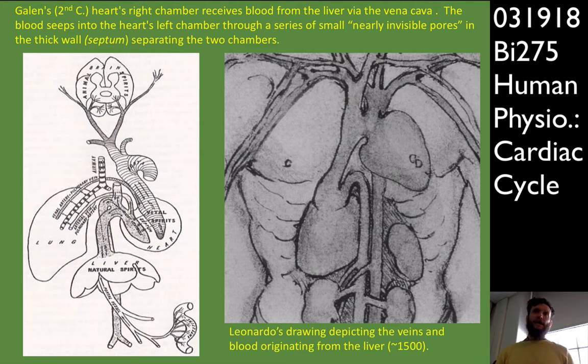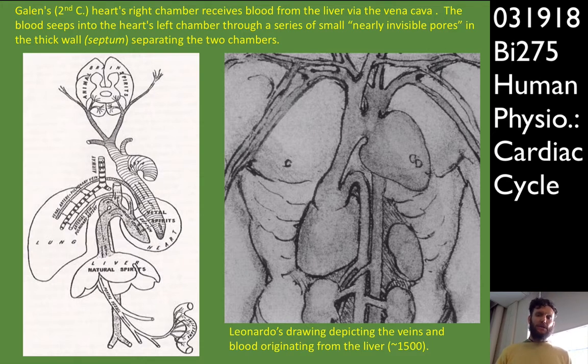So he believed that the blood emanated from the liver and was received into the heart through the inferior vena cava into the right atrium of the heart. And then it got from the right side of the heart to the left side of the heart through little pores that were both seen and unseen.